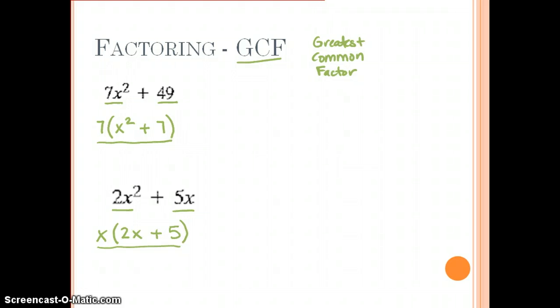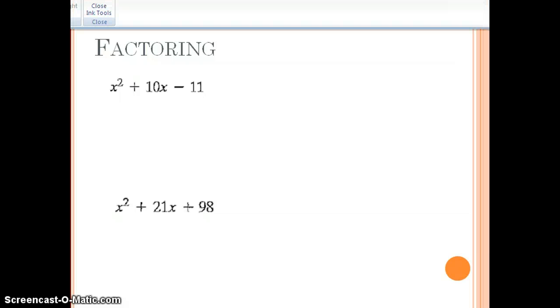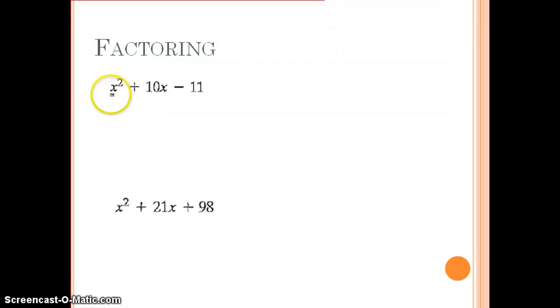Okay, the next type of factoring that we're going to look at is the same idea, but notice that now if we try to look for our greatest common factor in this first example, it's still a quadratic expression because there's an x squared, but there's no greatest common factor between the three terms.